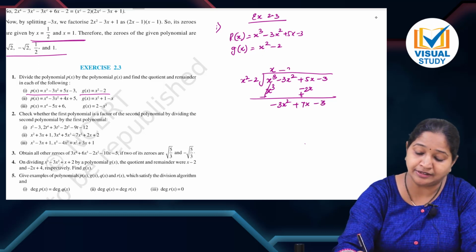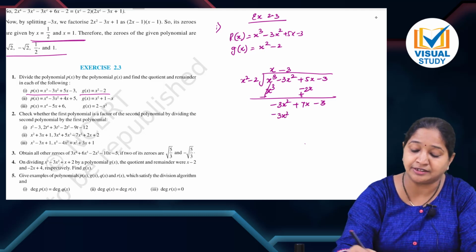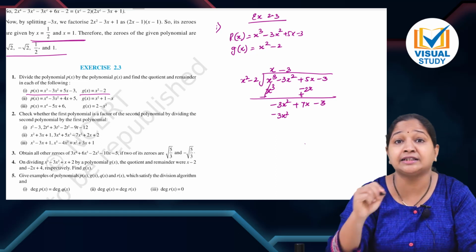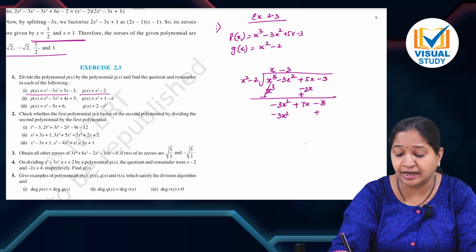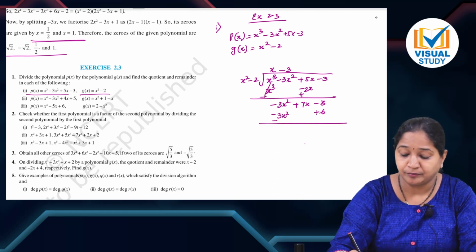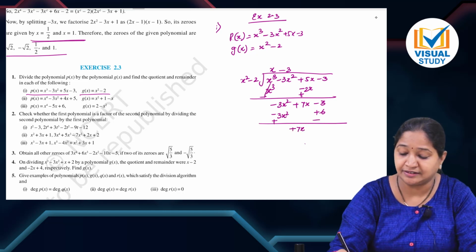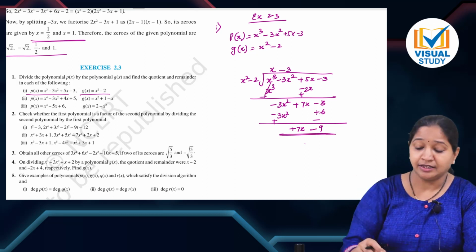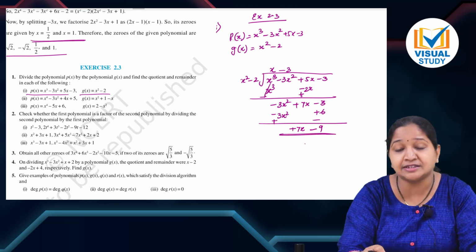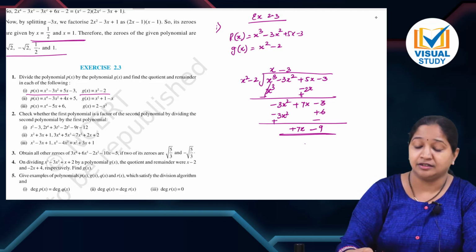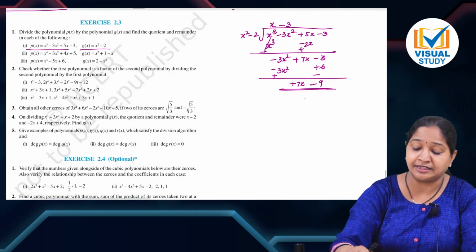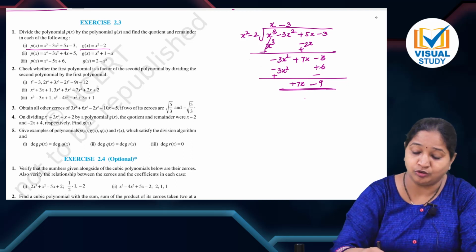Again, minus 3 only I found. 3 into x square I get 3x square, minus into minus plus, and 3 into 2 is 6. Again, under the like terms I am going to write it. Plus minus, and I get plus 7x and minus 9. So this will be your remainder. Why? Here the divisor is greater in degree than this remainder, so we cannot go forward.